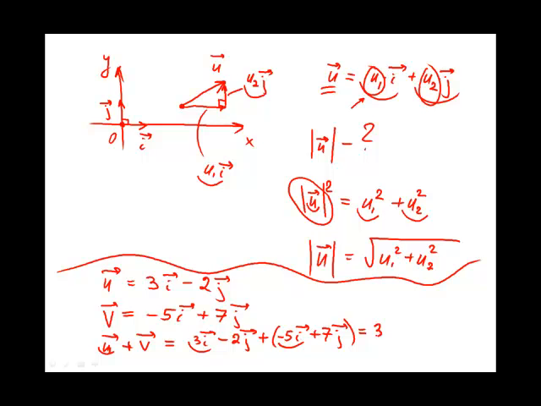You have 3i minus 5i, okay, plus or minus 2j. I may write differently. I write like this, minus 2j plus 7j equals. Let me continue here.